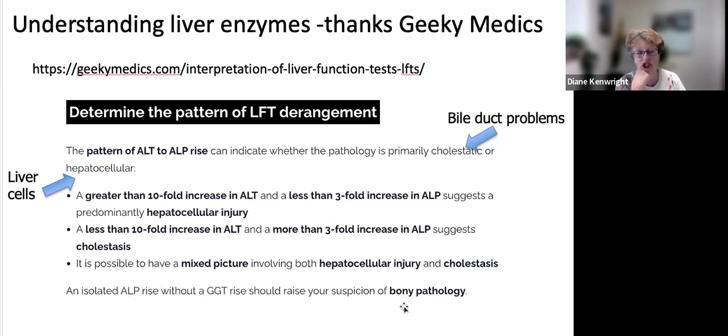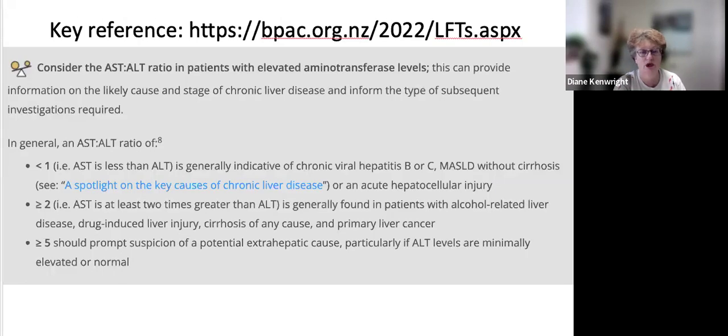ALP rise without GGT can occur in bone pathology because the ALP can come from other places other than the liver. I also want to introduce you to this key reference, which is from BPAC, another great resource for knowing about diseases.